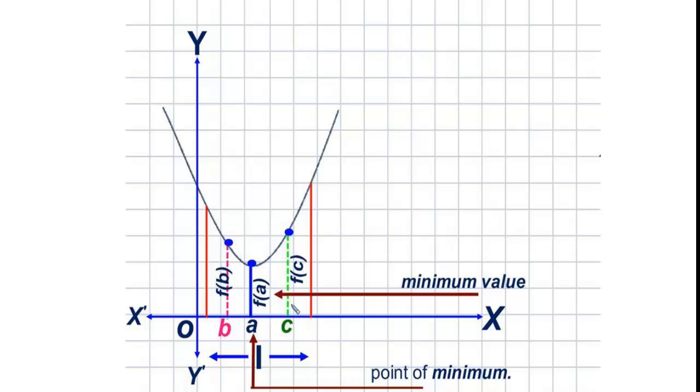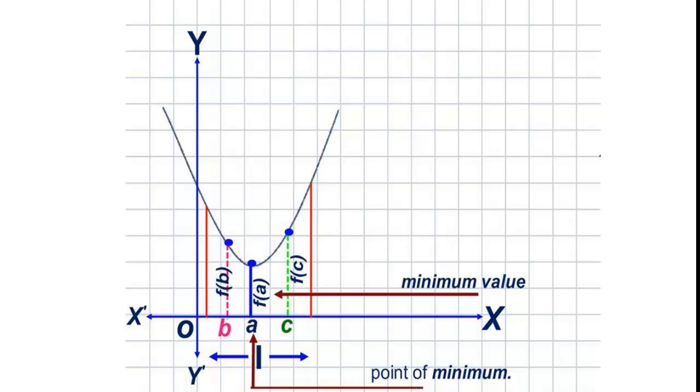In fact, at any other point you take on the graph in this interval, these red lines denote the interval of the function, or in this domain, we can see that f of a has the least value. Therefore, we say the minimum value of the function is f of a and a is the point of minimum.